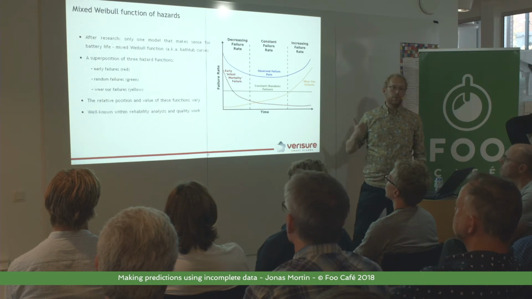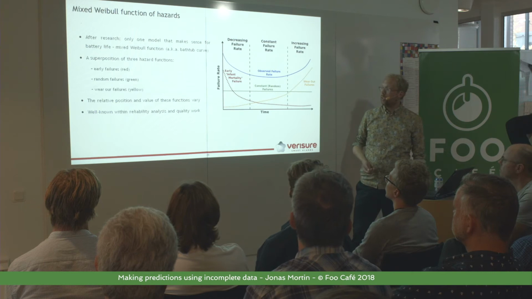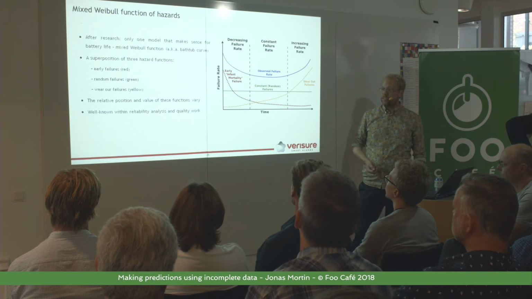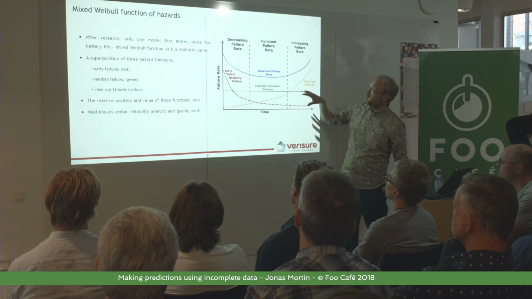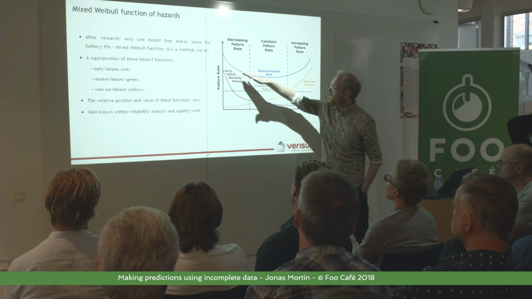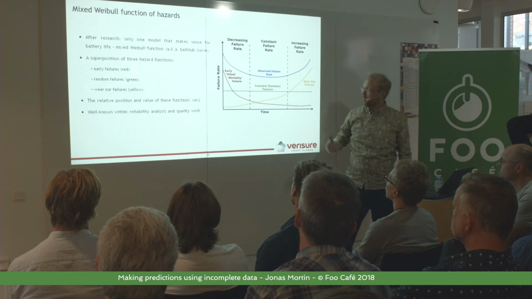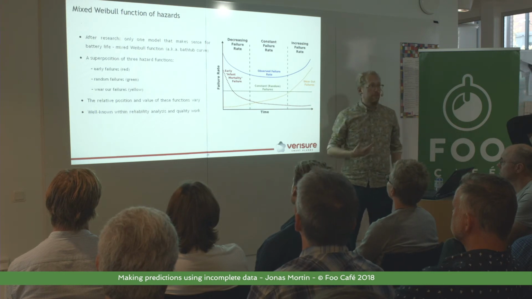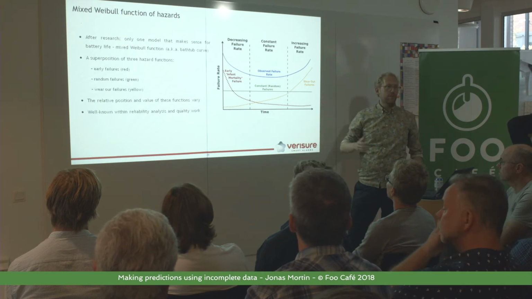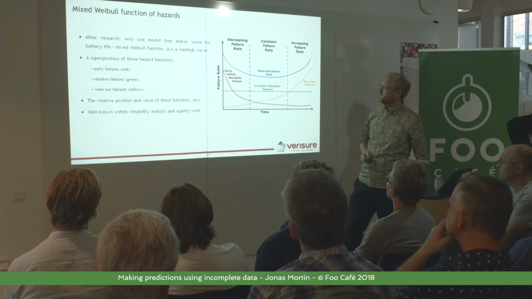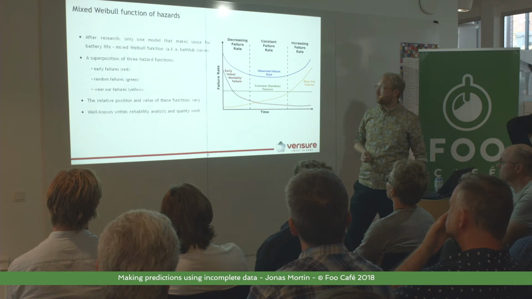Now this function is really well known within quality work and reliability analysis, and I'm going to explain it first. So the bathtub curve is called the bathtub curve due to its shape, and this consists of 3 different functions that are superpositioned. And this is the hazard we're talking about, the probability of dying the next second or day if you haven't died already.